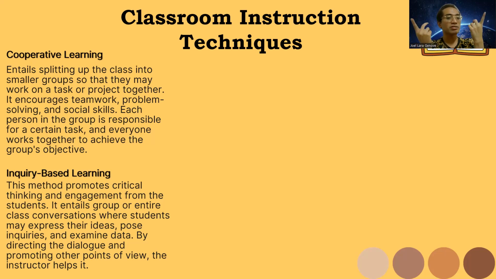Each person in the group is responsible for certain tasks, and everyone works together to achieve the group's objective. Yeah, that's the goal, for you to achieve the group's objective. How? You give them certain roles. You assign who's going to report.